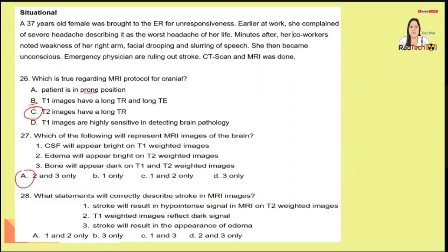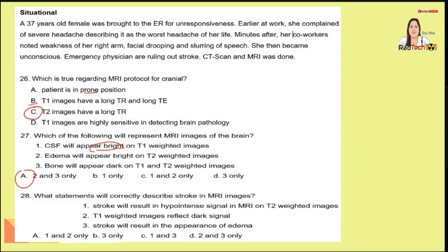CSF will not appear bright. It will appear black or dark because it sends no or very little signal. It is void of signal in T1 kaya hindi siya bright. Okay? So mali ang number 1.